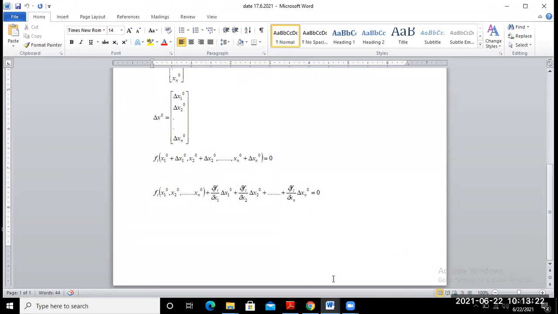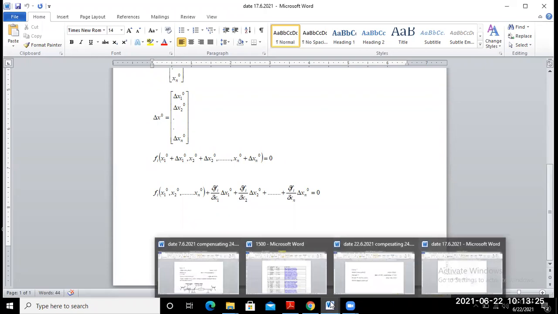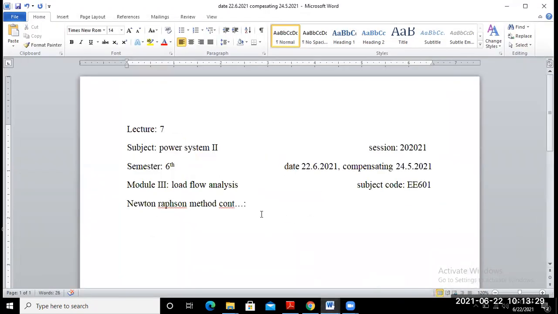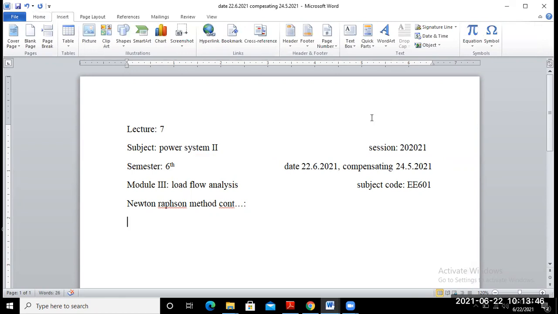In the next step we can write the matrix f1 x0.